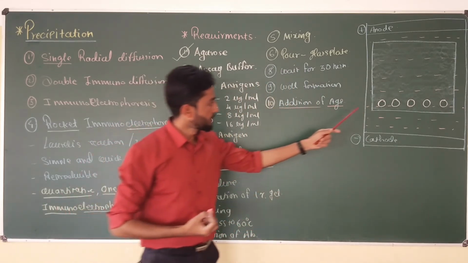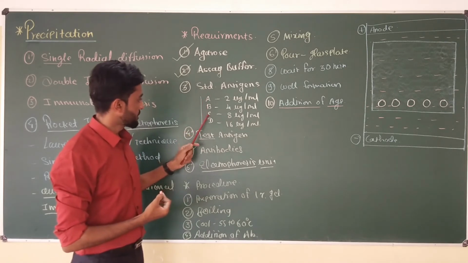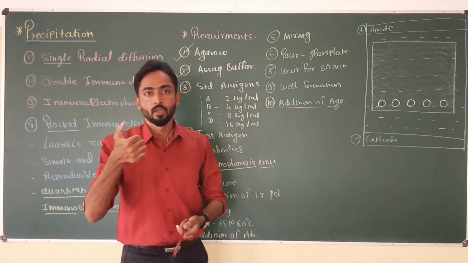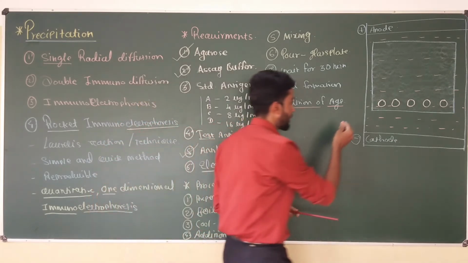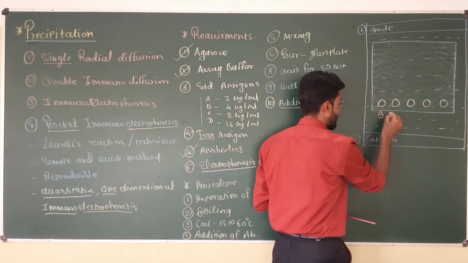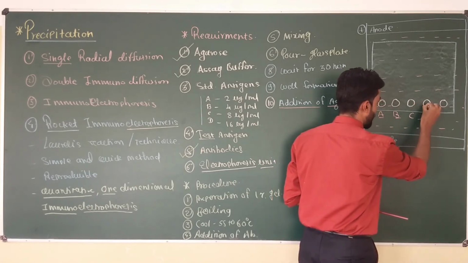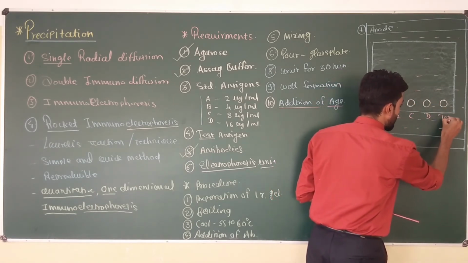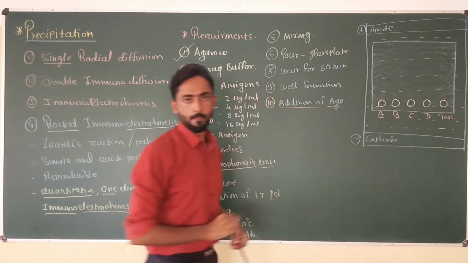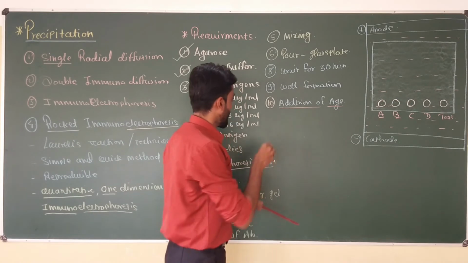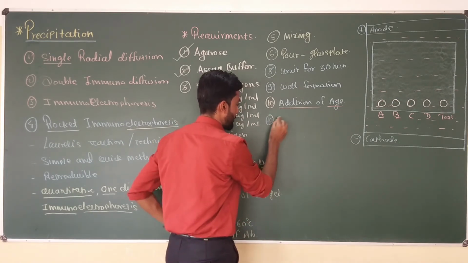You have to add these 5 antigens A, B, C, D and test in the 5 wells with the help of a micropipette. Suppose I add antigen A in the first well, B in the second, C and D in the third and fourth, and the test antigen in the last well.